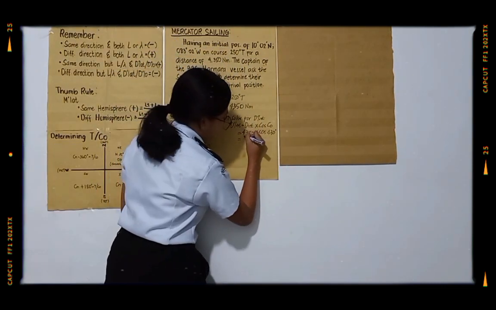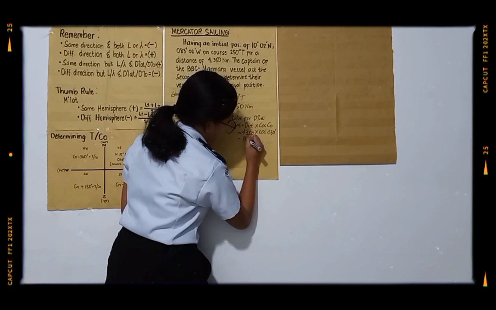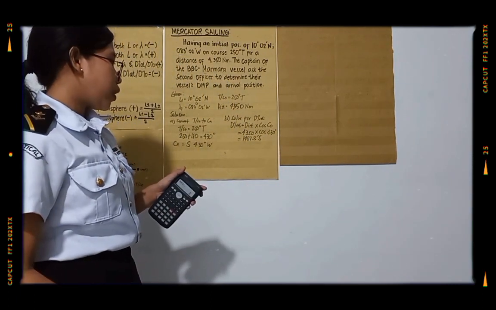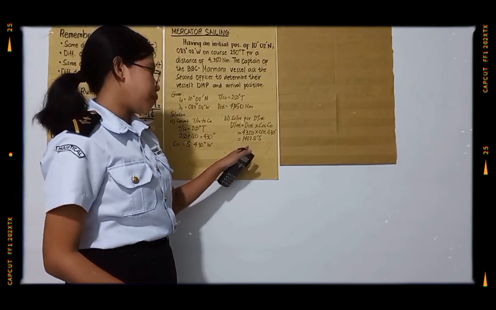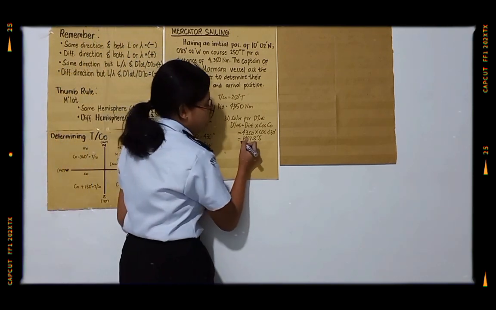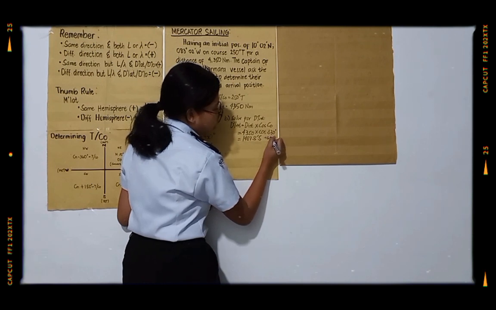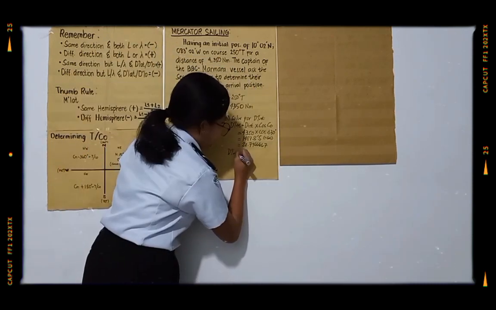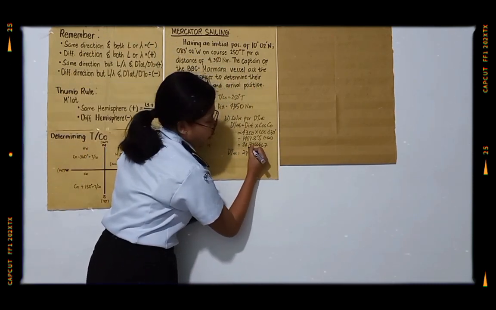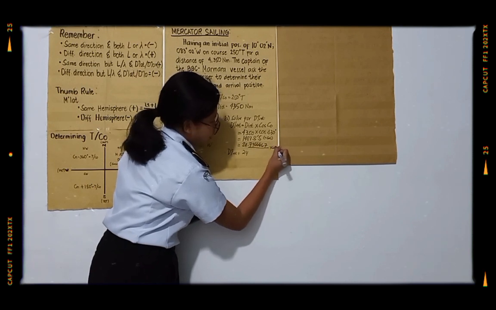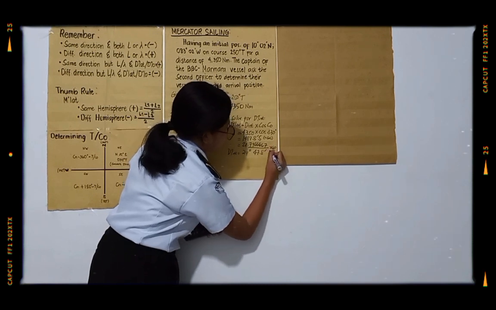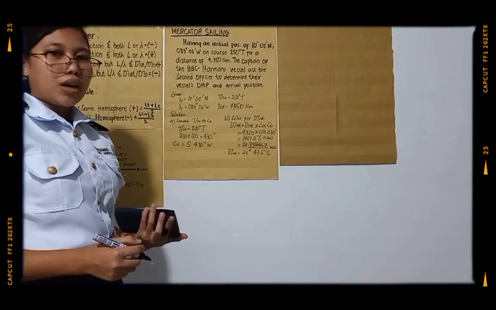We get a value of 1,487.8 minutes south. So now we're going to convert this into degrees and minutes. We divide this by 60. We have 24 degrees. Multiply this by 60. 47.8 degrees south.